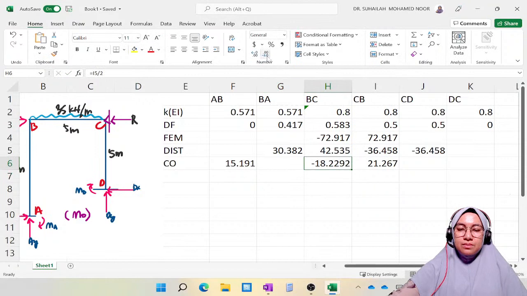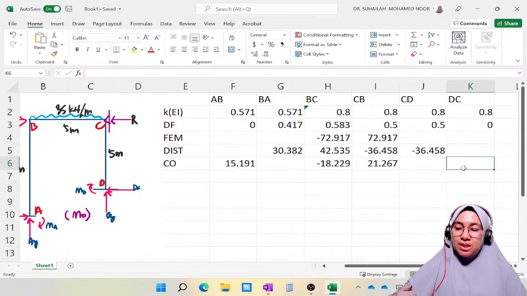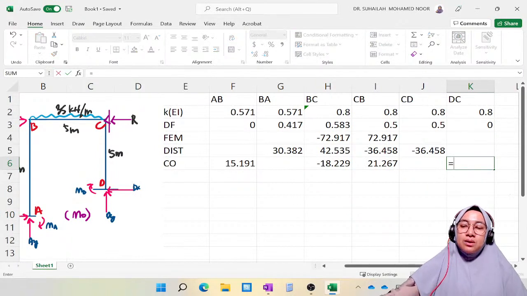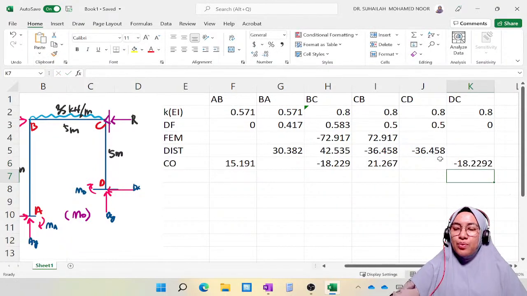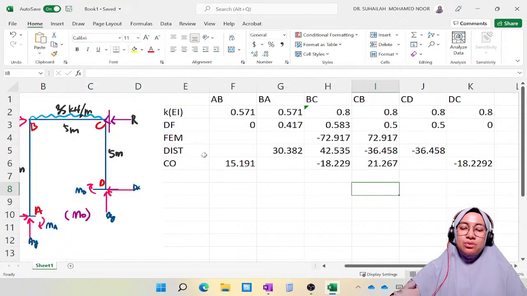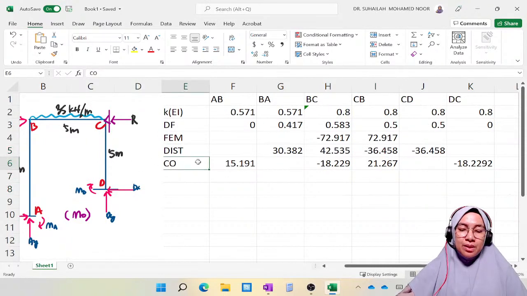And from C we have to carry to D, divide by 2. This is what we actually need to do in the carryover step. So these are the two things that we actually do in the table: we distribute moment and we carry over the moment.